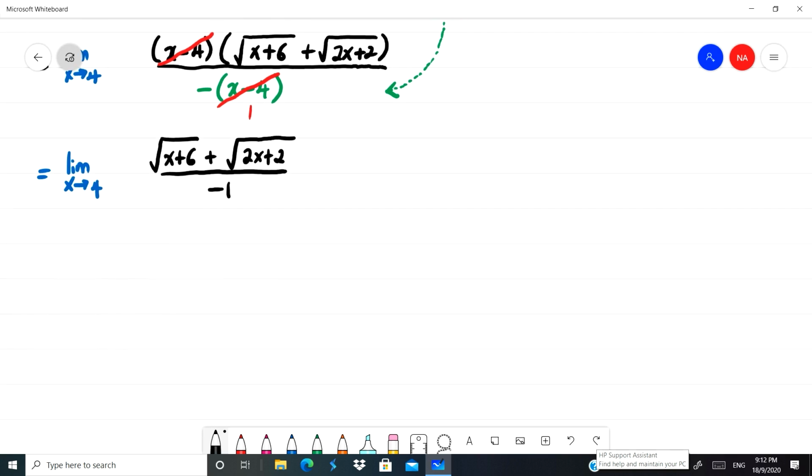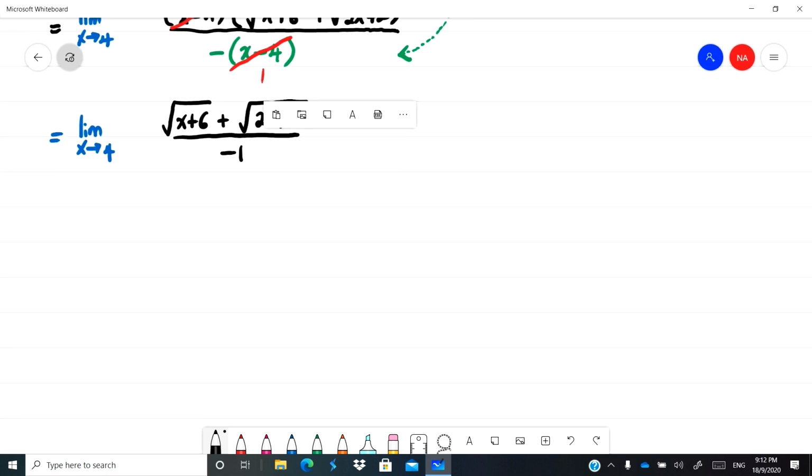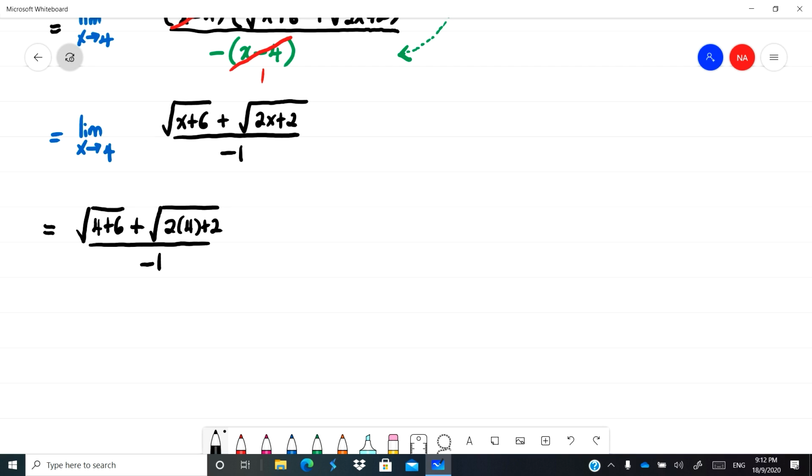Now we want to substitute the value of x with 4. In this case we don't have the limit as x approaching 4 anymore, so we have square root 4 plus 6 plus square root 2 times 4 plus 2, all over negative 1.